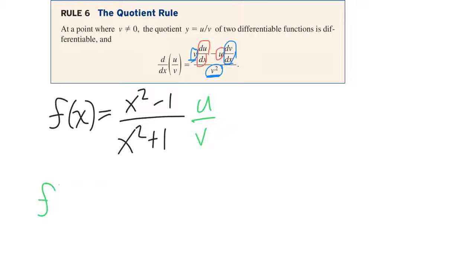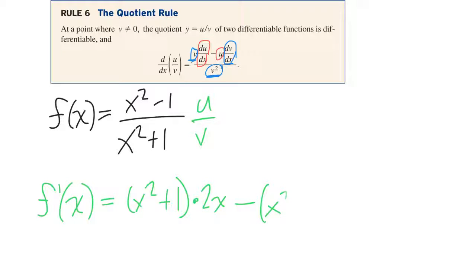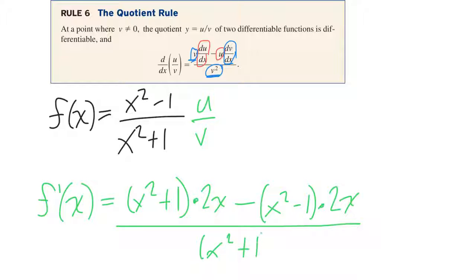So the first derivative of x, following our formula up here, is going to be v times the derivative of u, so x squared plus 1, times the derivative of u, which is 2x, minus u, x squared minus 1, times the derivative of v, which is, again, 2x, all divided by v squared, which is x squared plus 1 squared.